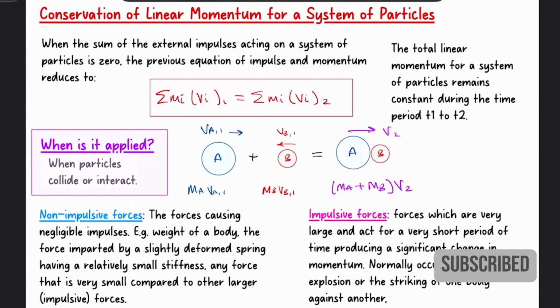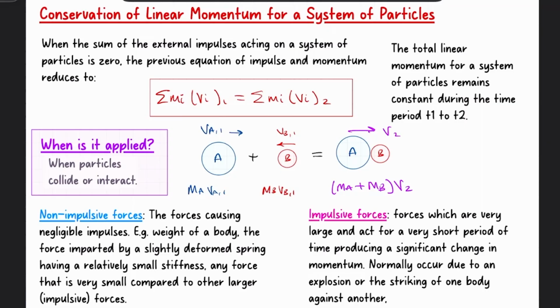While the impulsive forces are those which are very large and act for a very short period of time, producing a significant change in momentum. So if your particle is moving in one direction and then gets hit or interacts with a certain force that changes its trajectory, its direction of motion, its momentum, that will be an impulsive force. So any force that strikes the bodies against one another will be an impulsive force.